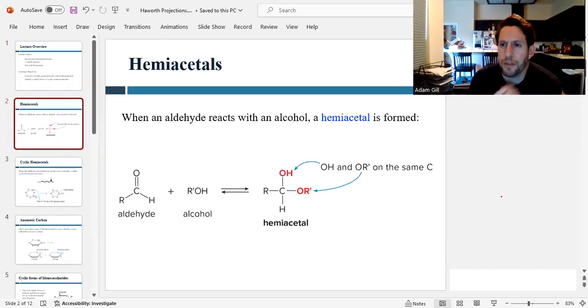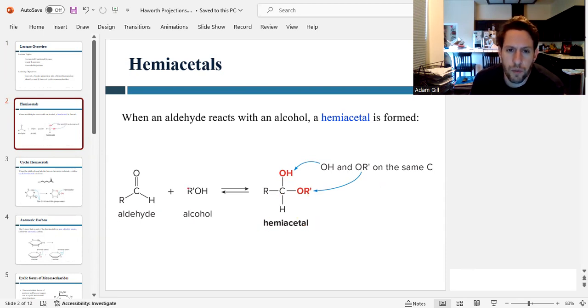A functional group that you did not learn about in chapter 12 and 14 are hemiacetals. And so when an aldehyde reacts with an alcohol, it forms what's called a hemiacetal. Okay? And so a hemiacetal is sort of like an ether and an alcohol attached to the same carbon, but we give it a special name, and that's a hemiacetal.